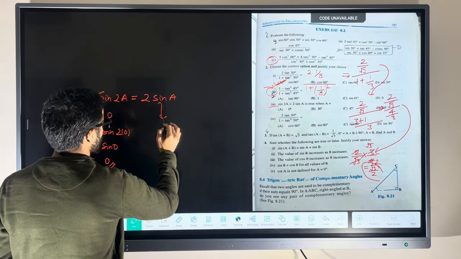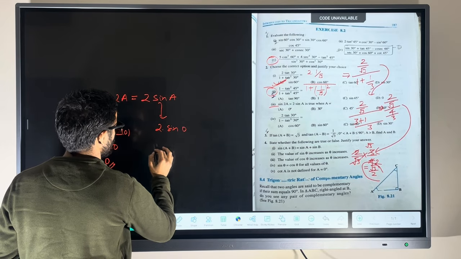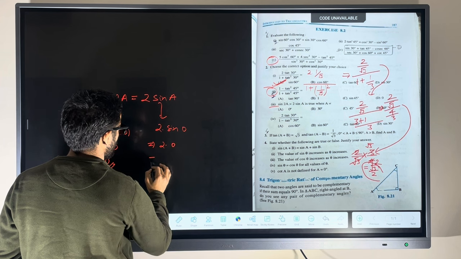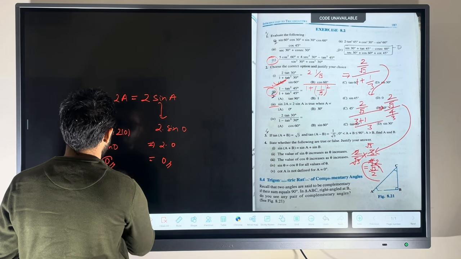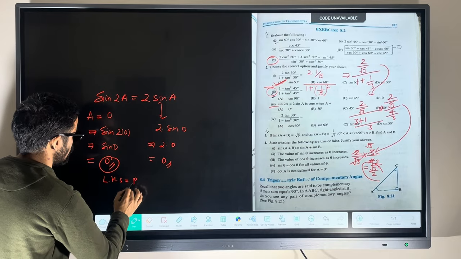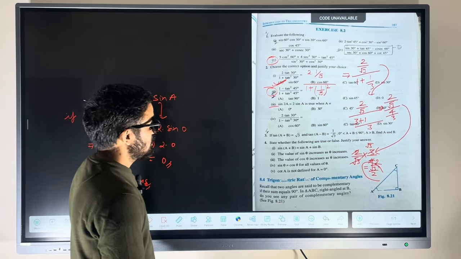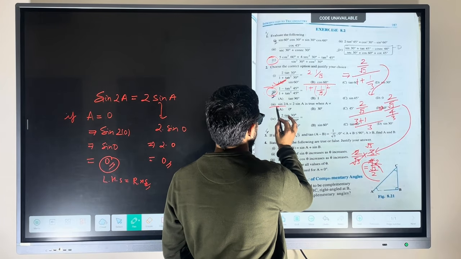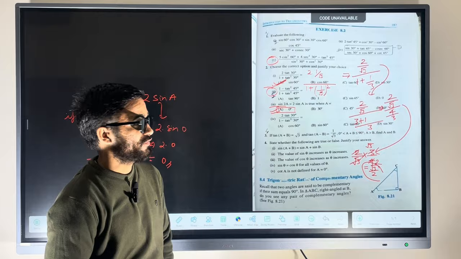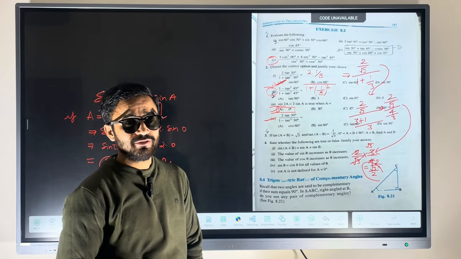If we solve the other part, 2 sin A is 2 into sin 0, which is 2 into 0, which is 0. We have left hand side equal to right hand side. So at the value of A equals 0, this condition is satisfied. You can similarly solve the fourth part of question number 2.